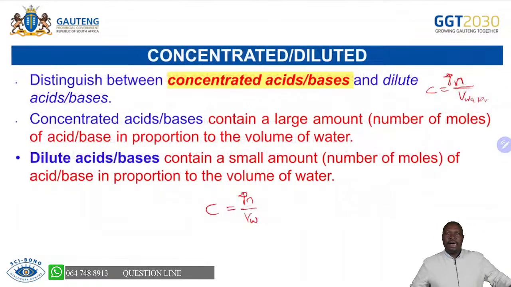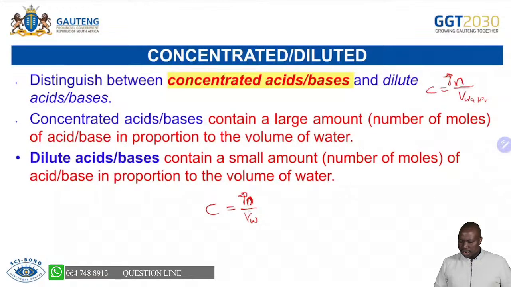I know you were doing rates of reactions, where when you increase concentration, you increase the number of particles per unit volume. In this case, when we say concentrated, we mean you have a large number of moles of an acid or a base in proportion to the volume of water.